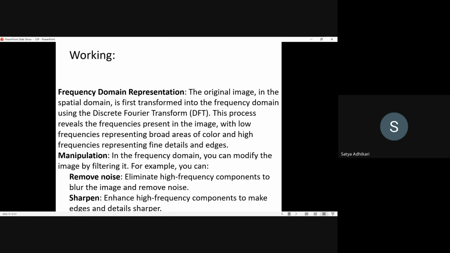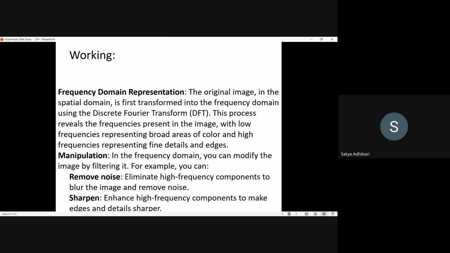This process reveals the frequencies present in the image, with low frequency representing broad areas of color and high frequency representing the fine details of the edges. Please recall we had a slide which represents the corresponding frequency profile.